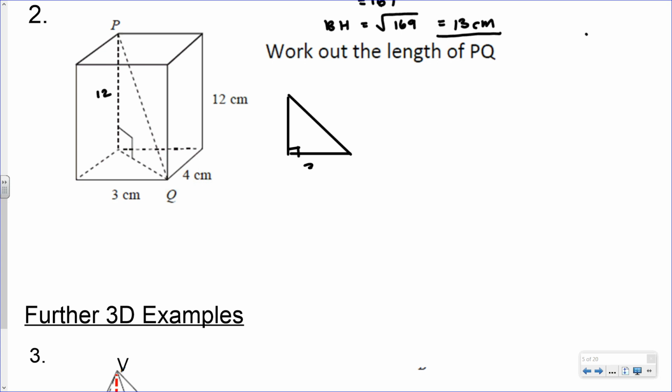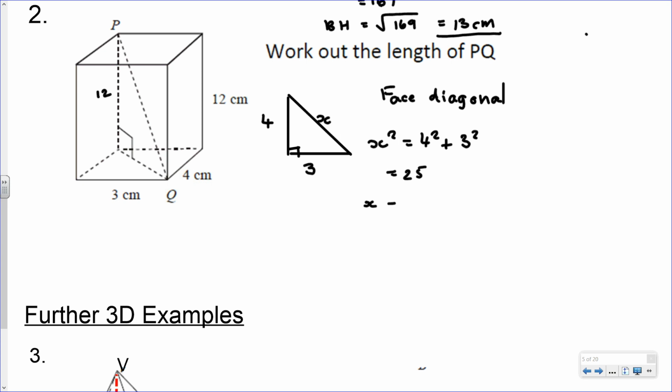So the base measures 3, the side measures 4, and this unknown I'm just going to name x at the moment. So this is our face diagonal, and we've called it x. So I need to work out the length of x first. So x squared is 4 squared add 3 squared, which is 25.